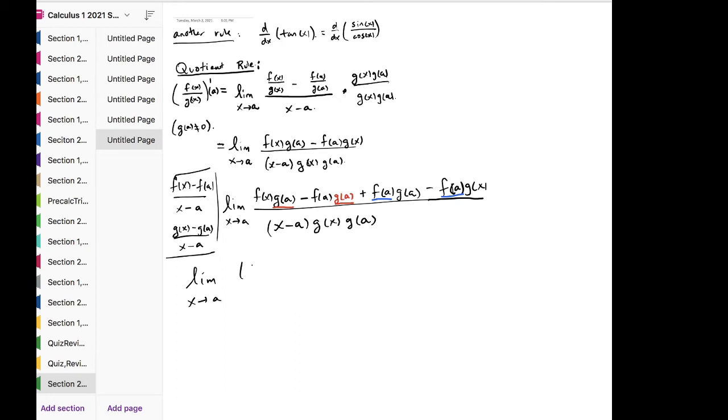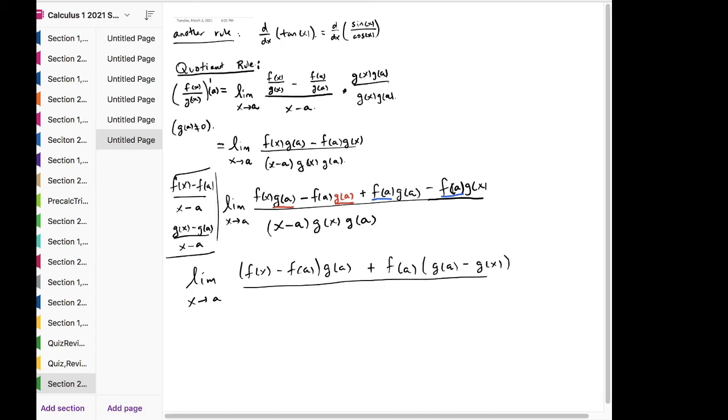We have f of x minus f of a, g of a. Then plus, we have f of a, and then g of a minus g of x. Everyone see that? Okay. So what can we do now?